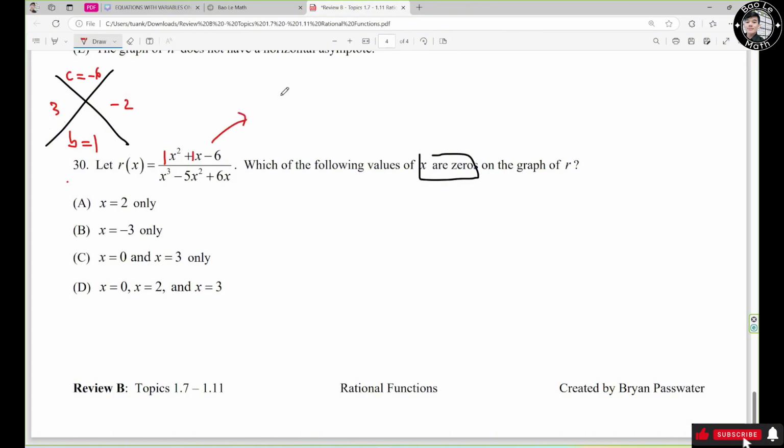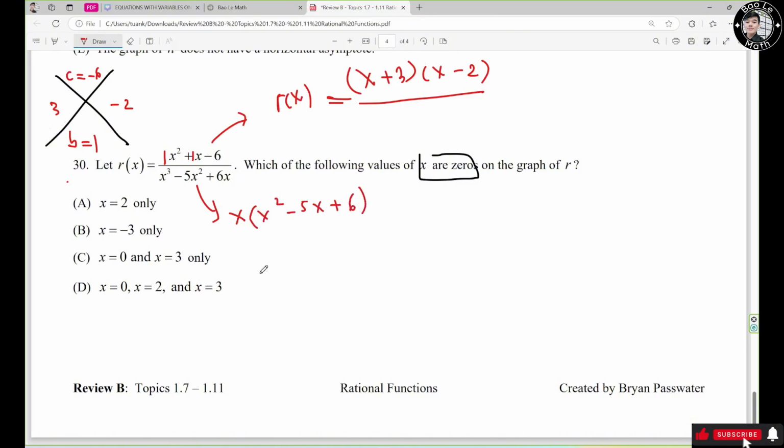So this becomes R of s equals s plus 3 times s minus 2. For the denominator, I'm going to factor s out first. So it becomes s squared minus 5s plus 6. Now I'm going to use the X method for this one.